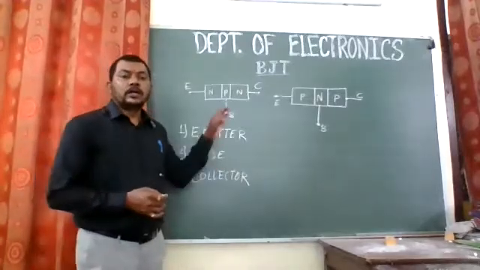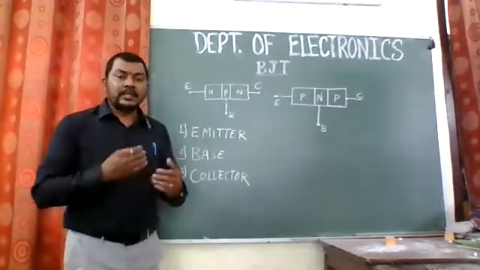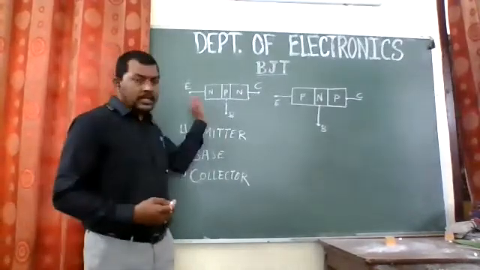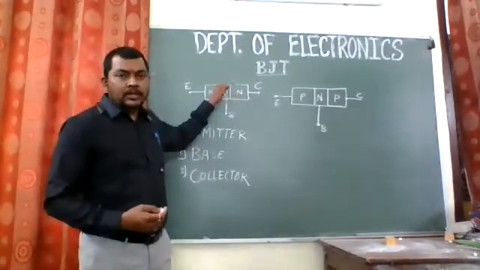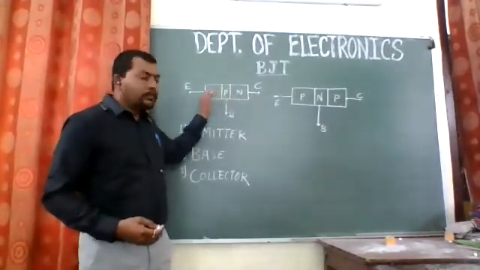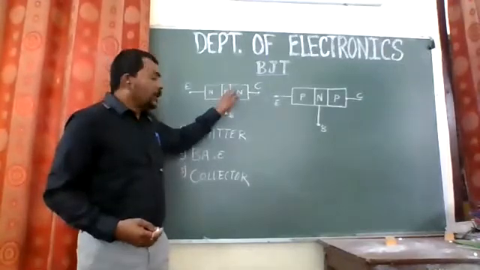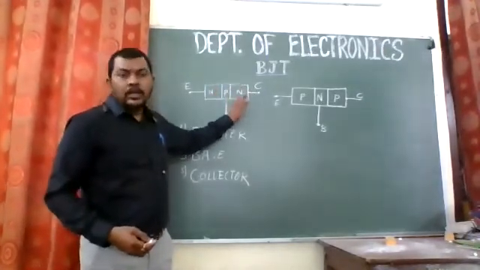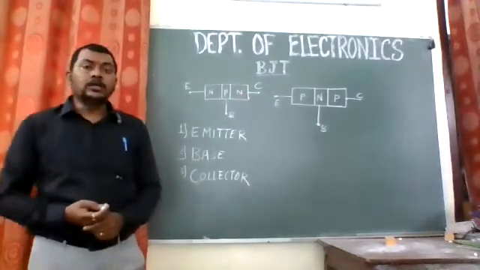The main job of the collector, as the name suggests, is to collect the charge carriers emitted by the emitter into the base. It is going to collect all the charges which are being induced by the emitter.